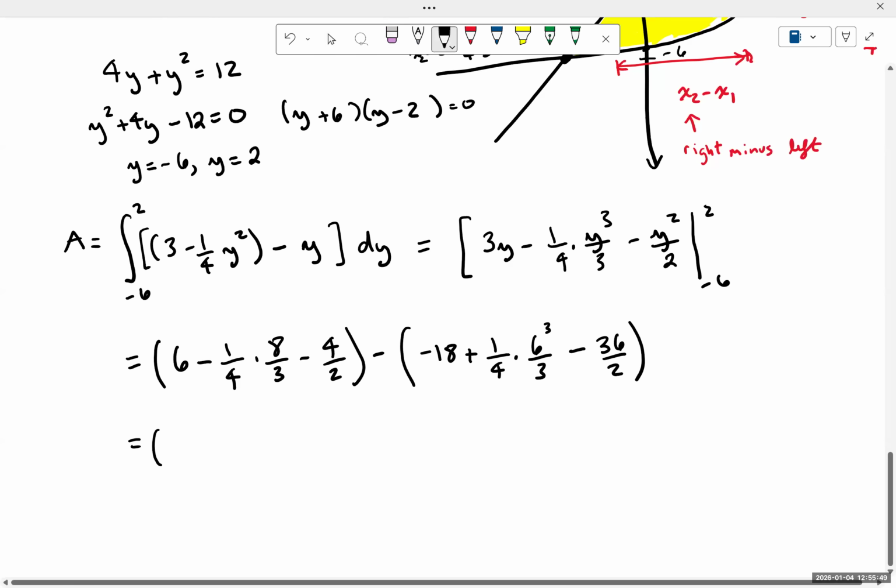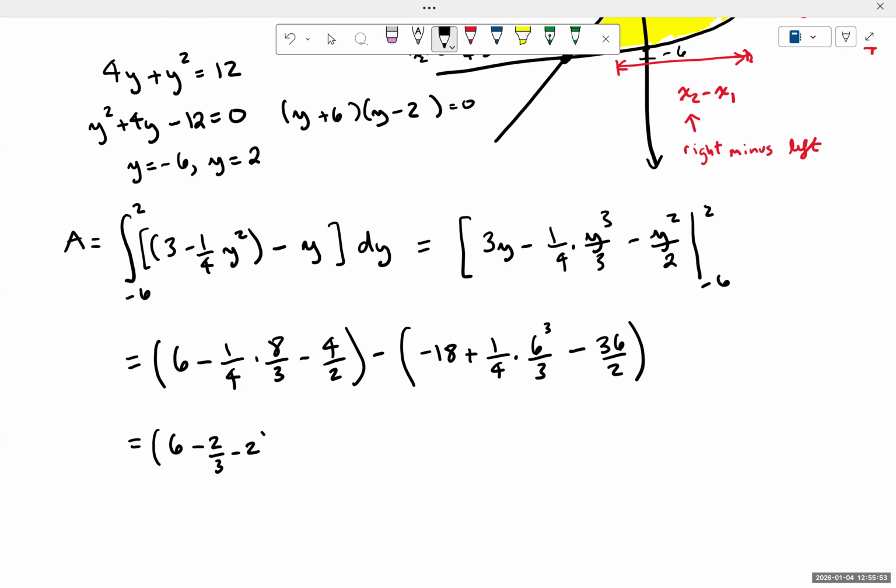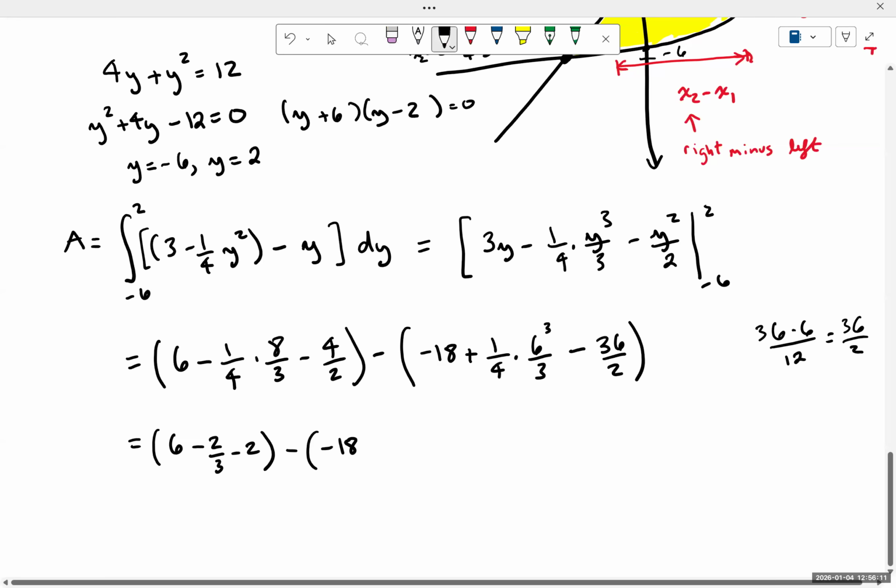So this is 6 minus 2/3 minus 2 minus negative 18. So what the heck is this? This is 36 times 6 over 12. Sorry, no, 2. So this is 18.